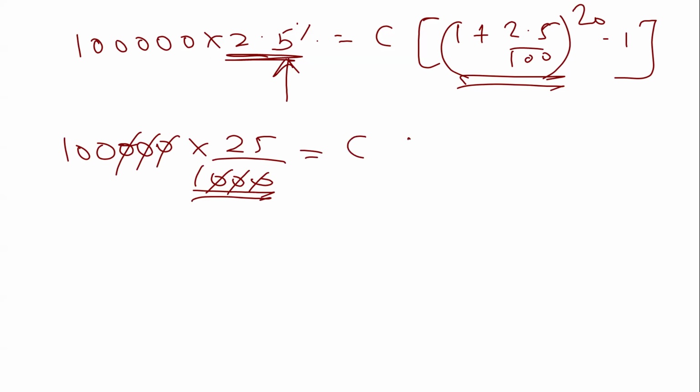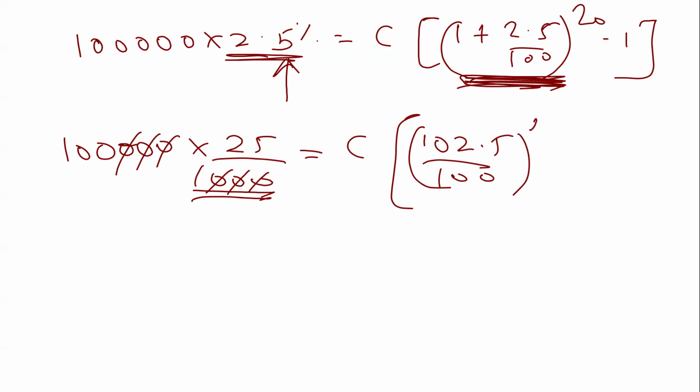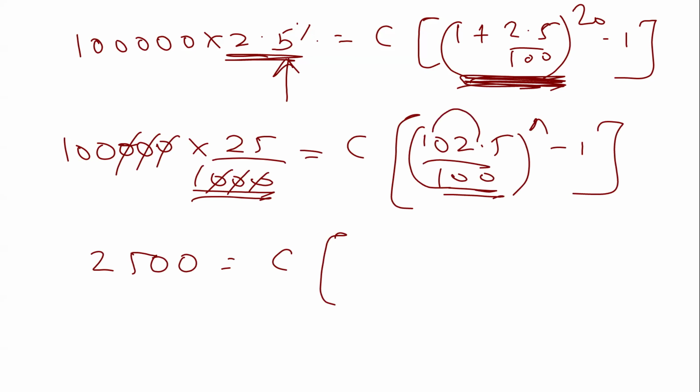This round bracket will be 100 plus 2.5, that is 102.5 upon 100 raised to N minus 1. This is 2500, which is equal to C, two decimal digits, the point will shift two decimal places towards the left. All these techniques you should know. Whenever it is division, the point shifts towards left. Multiplication, it will shift towards right. Raised to 20 minus 1.